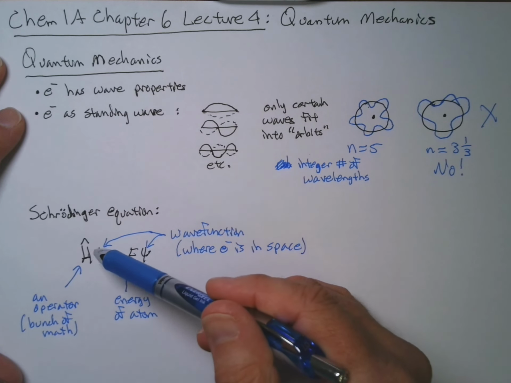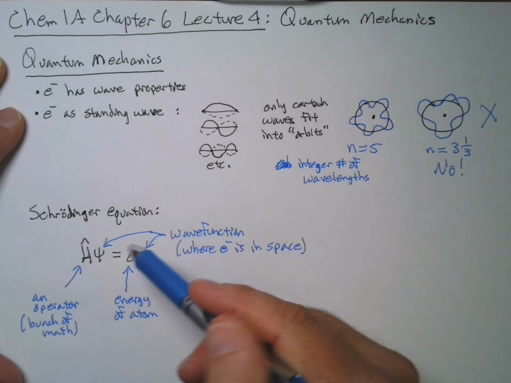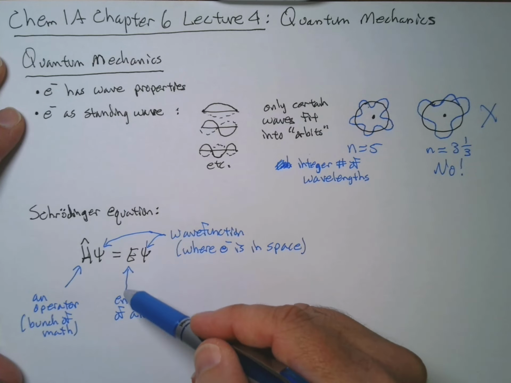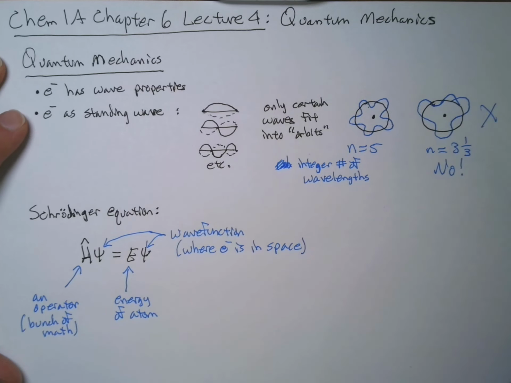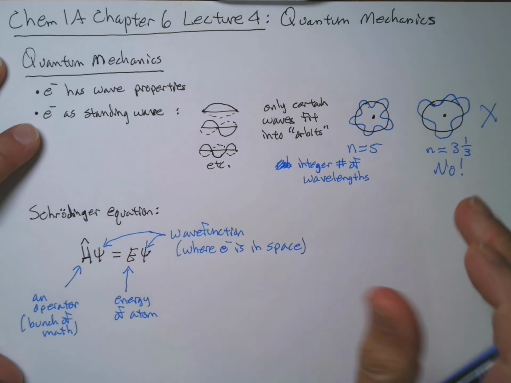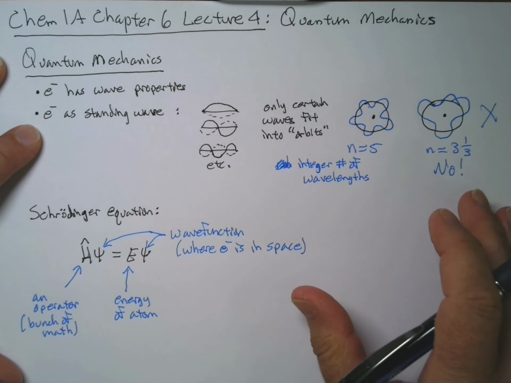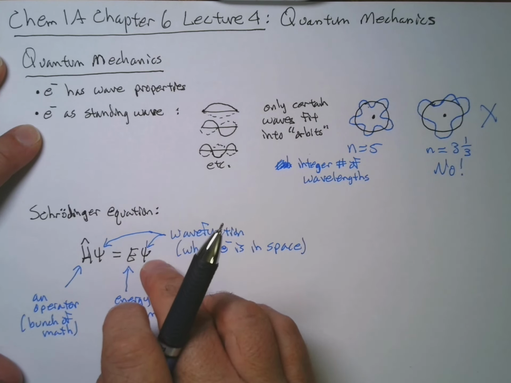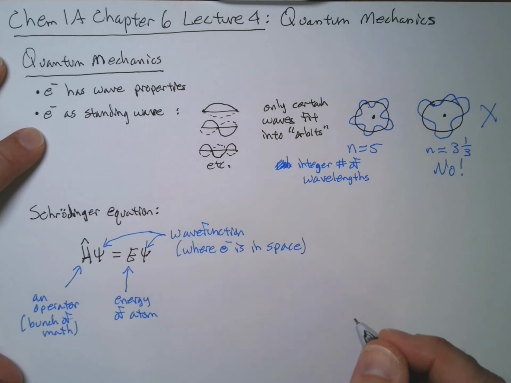Basically what you do is you have a wave function, some description of where the electron is in space, do a bunch of funky math on it, and you get the energy of the atom, which is what we're looking at. Now, it turns out that there are many solutions to the Schrödinger equation, and each solution is a wave function that's characterized by a particular value of E.